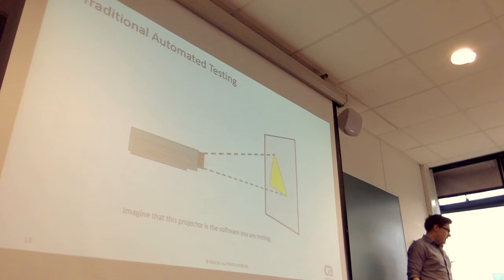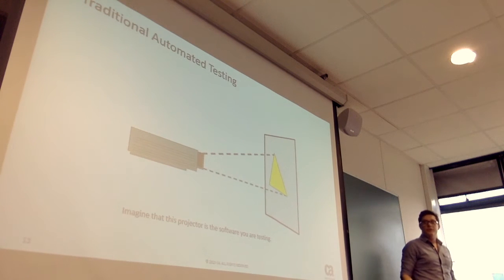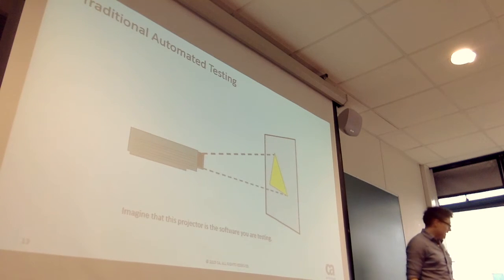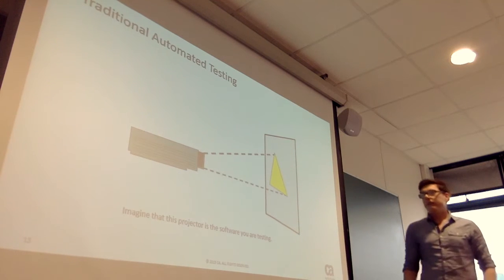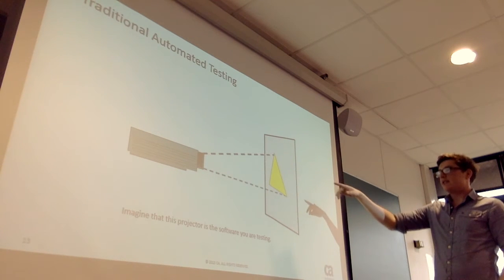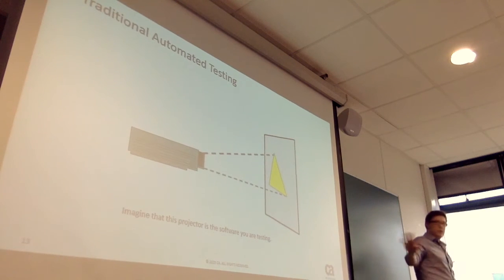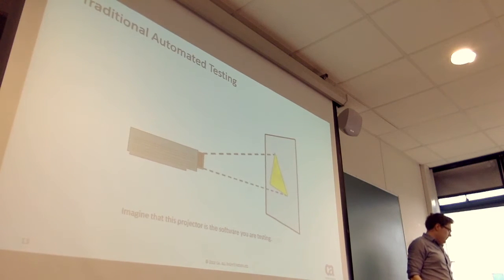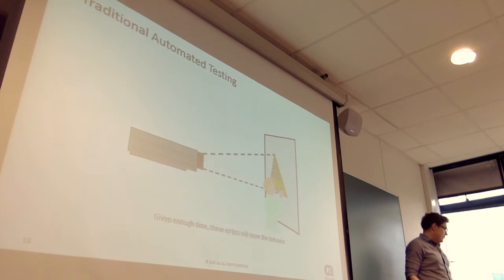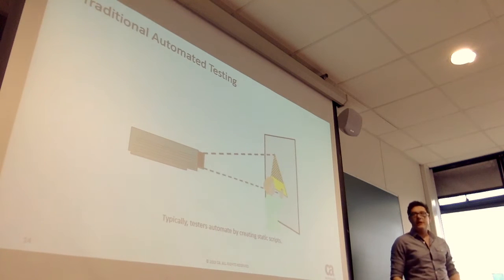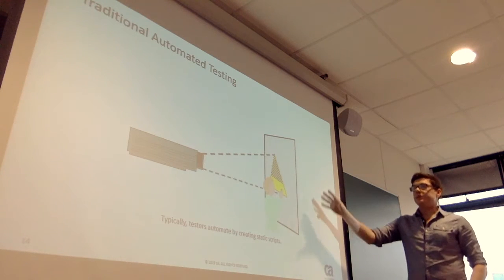So here's a graphical representation of what I'm talking about: traditional automated testing. Imagine that this projector is the software we're testing, and it's mapping a triangle here. With manual or automated testing, the automator creates scripts which match the system.